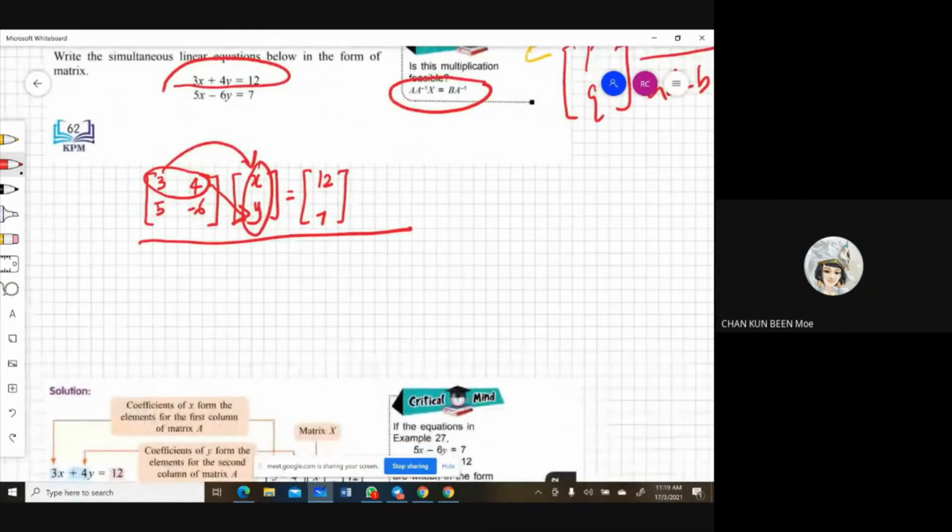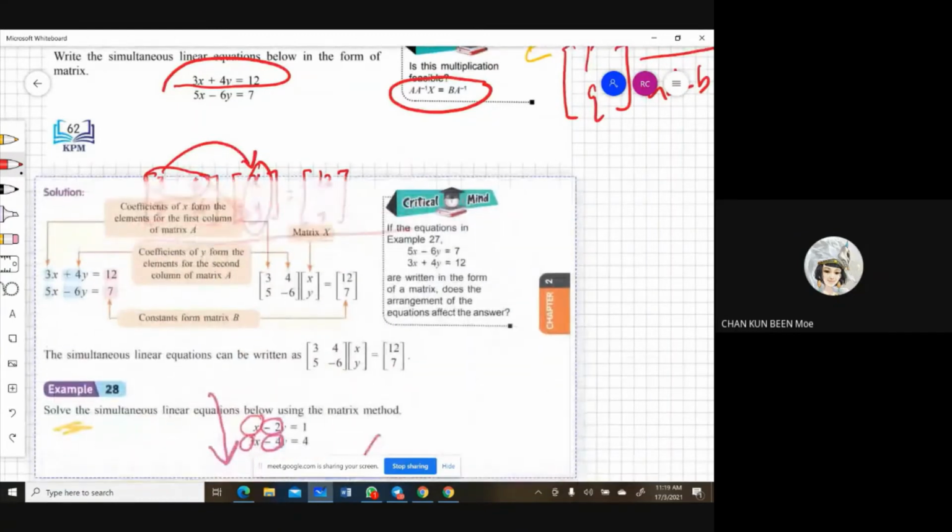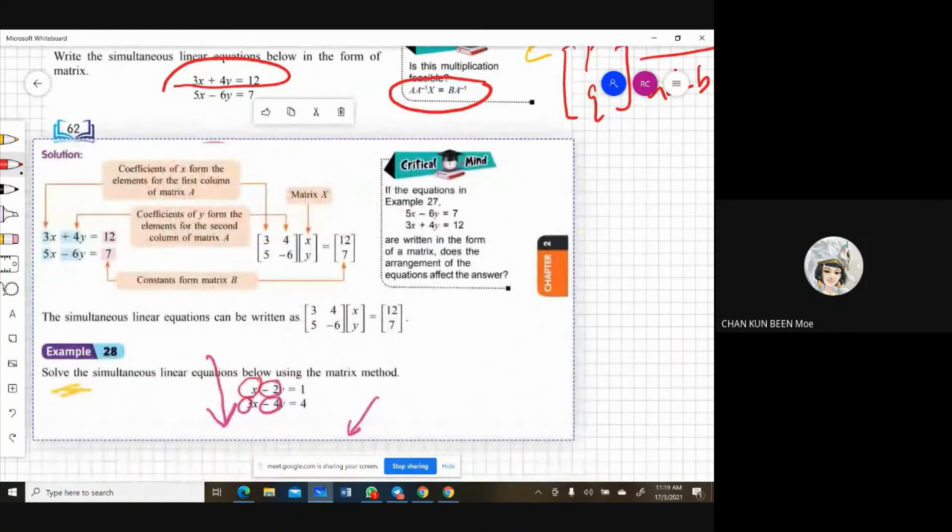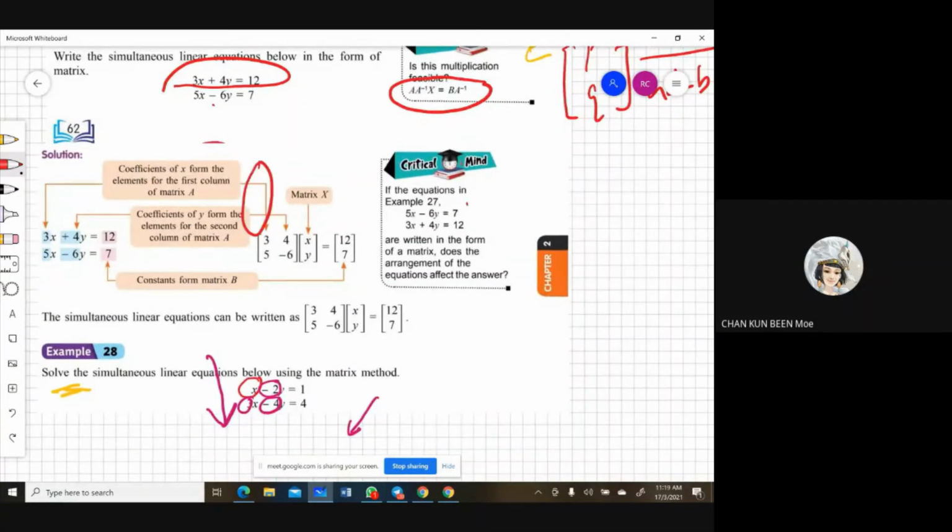This is the example. I move it up so that you can compare. First, they were given 3x plus 4y equal to 12 and then 5x minus 6y equal to 7. Now they exchange it, becomes like this. So the question asks you, does the arrangement of the equations affect the answer? Yes or no? Think about it.